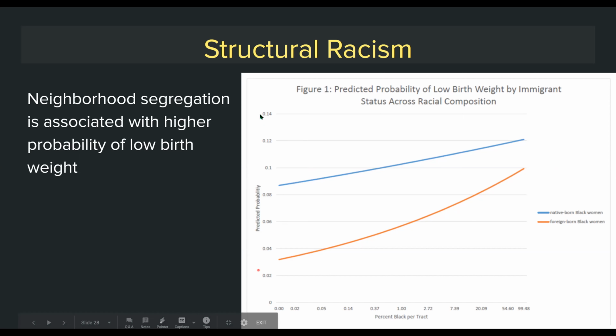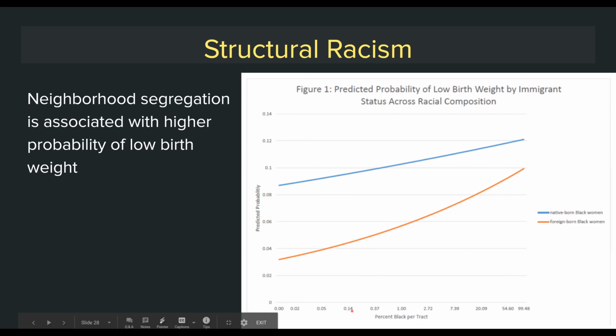And as we go up on this chart, we are talking about low birth weight. So in neighborhoods with low segregation, foreign-born Black women have much lower rates of low birth weight, so they have healthier babies than native-born Black women. But as neighborhood segregation increases, they lose that protective factor.